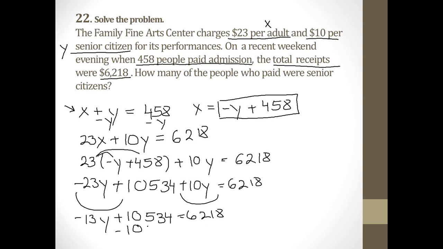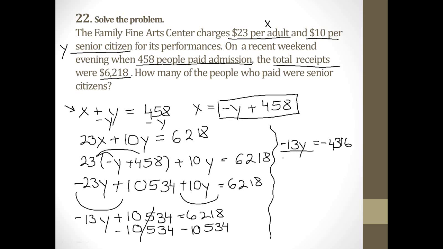Okay, moving my 10,534 to the left of the equation and subtracting these two numbers, I should get negative 13Y is equal to, I should get a negative answer, 4,316. Okay, and then last step, divide by negative 13 on both sides.